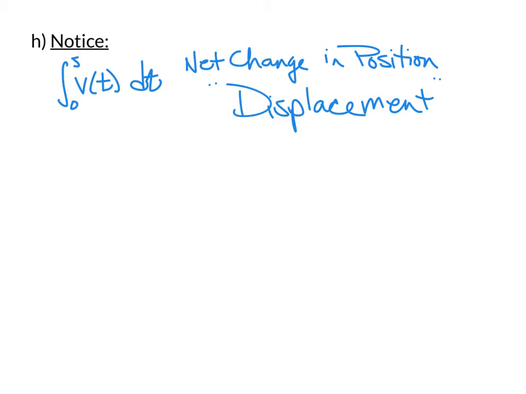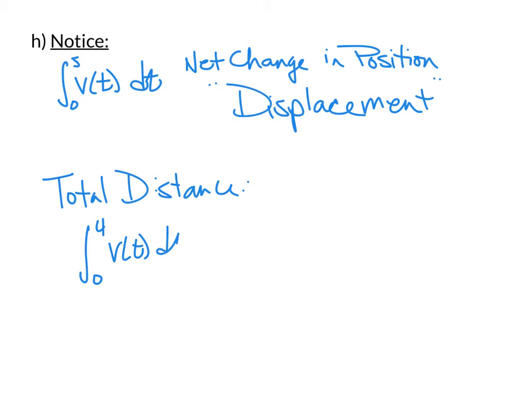If we want to find that total distance traveled, remember that we were going to the left from 0 to 4. That was our left distance. And when we went from 4 to 5, that was our right distance.